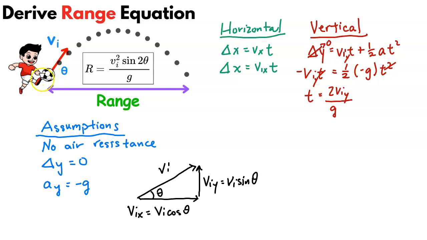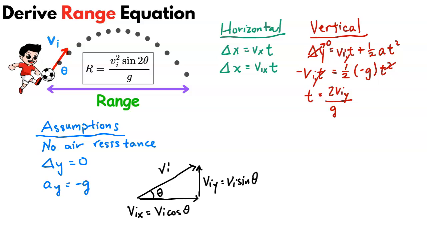This ball is kicked at an angle, and the velocity is made up of two components, the horizontal and the vertical. The horizontal, vix, is equal to vi cosine theta because it's on the adjacent side of the angle, and viy is equal to vi sine theta because it's on the side opposite the angle.